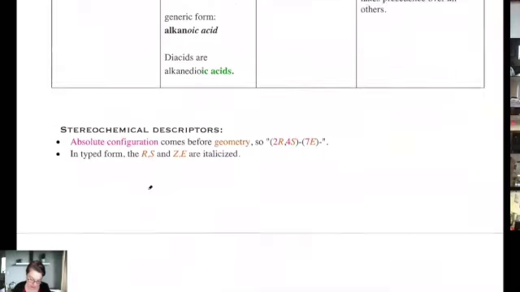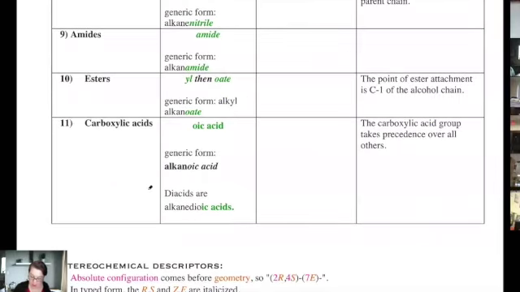So I'm going down here to the carboxylic acid. The carboxylic acid takes priority over any other group that you have, and it is going to be carbon number 1 of your chain. Even if the other things give a higher number than you would necessarily want, it's always going to be number 1 of your chain.